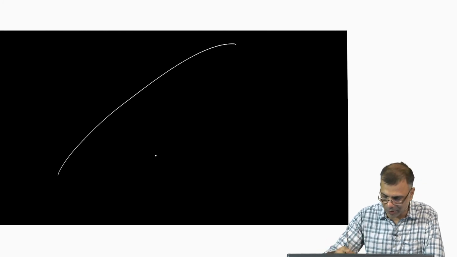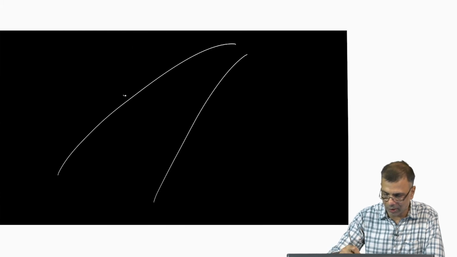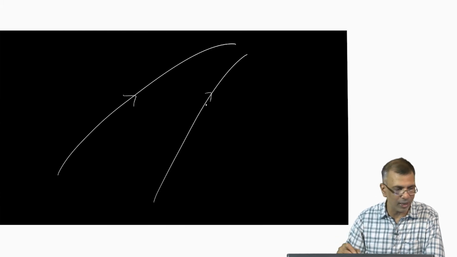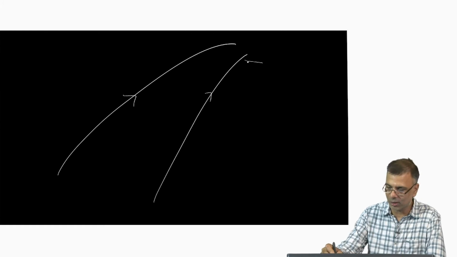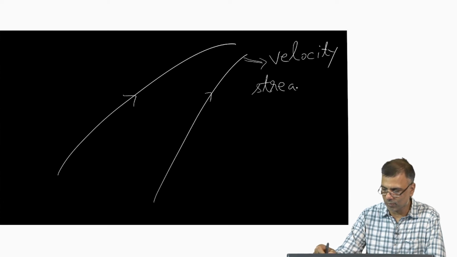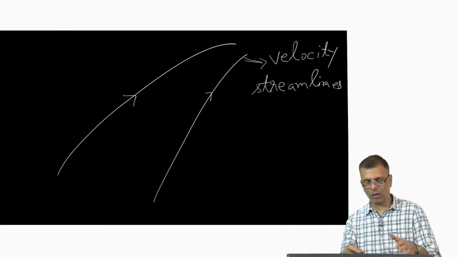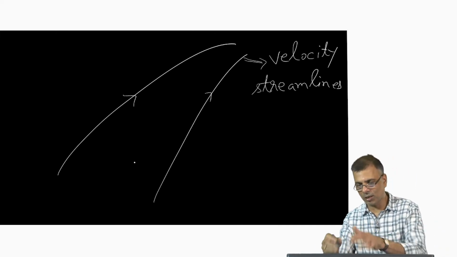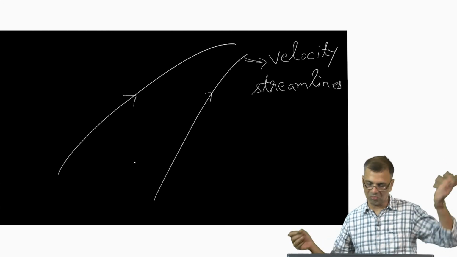I thought it's better to do this on the board rather than show you a slide. So these would be the velocity streamlines, which for some reason have a larger cross section here and a smaller cross section there. I don't know why.